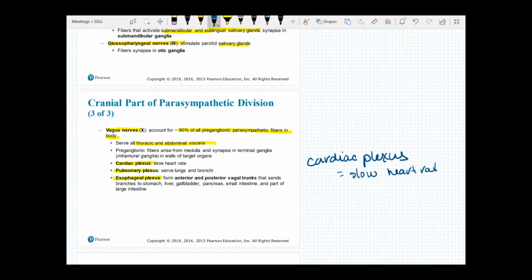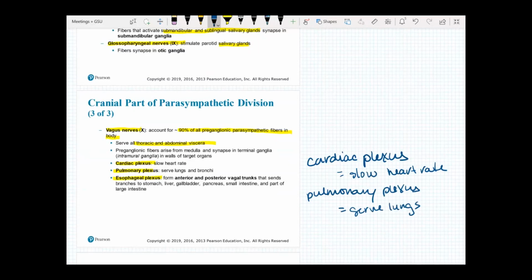Remember, parasympathetic is rest and digest. So we're not turning on, we're turning off. So the cardiac plexus will slow your heart rate. Your pulmonary plexus, which is innervating your lung, is actually going to supply your lungs and your bronchioles. So it'll actually serve your lungs.